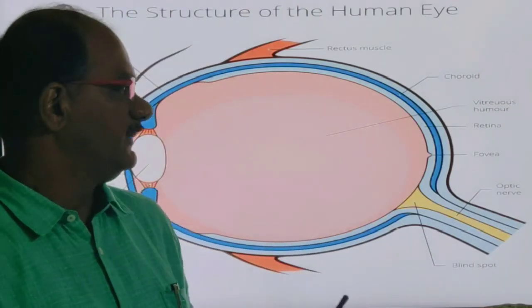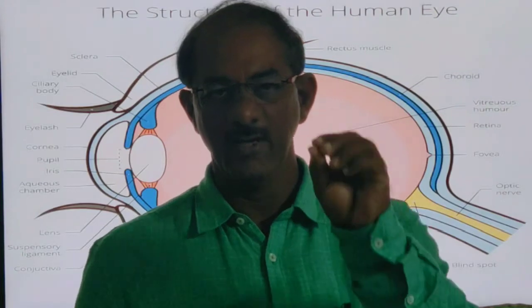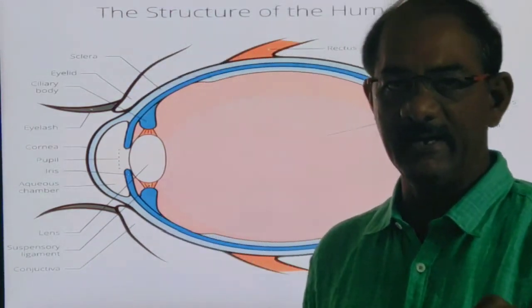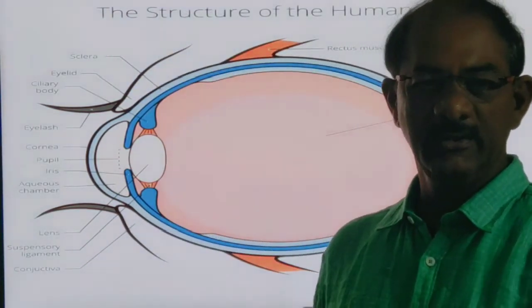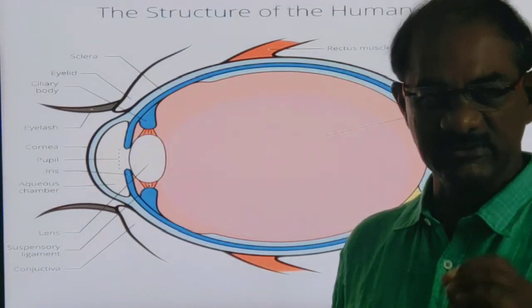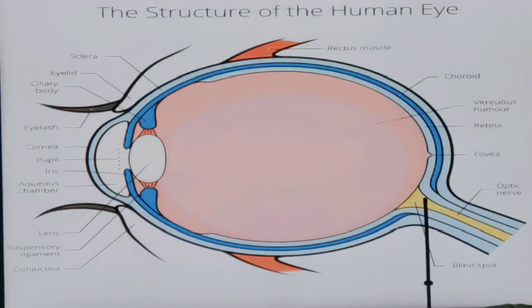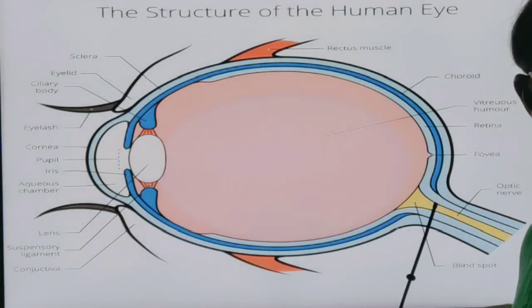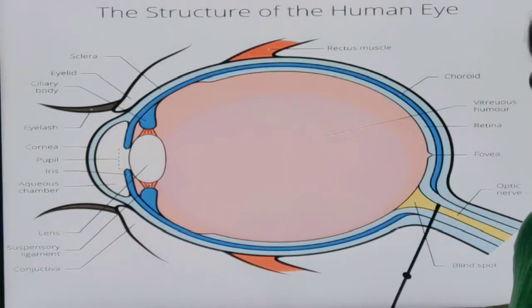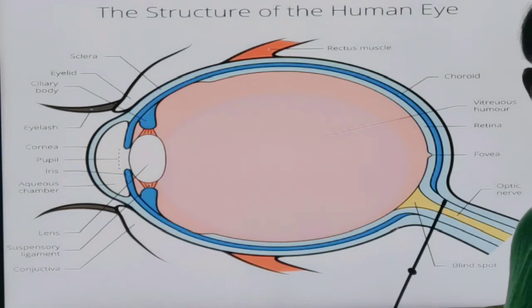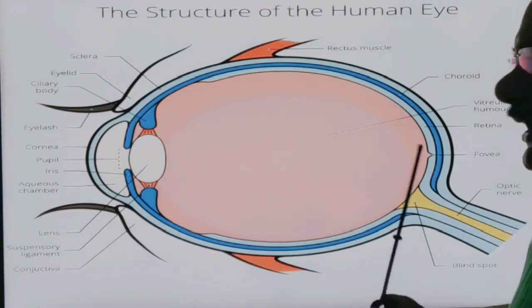So in this way, these two spots are present in the structure of the eye, the yellow spot and the blind spot. This is the blind spot where the optic nerves end. No color images occur because rod and cone cells are totally absent in that area.